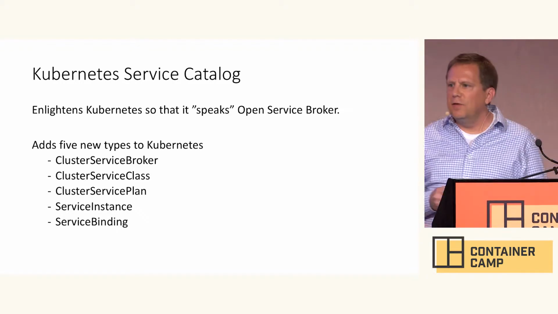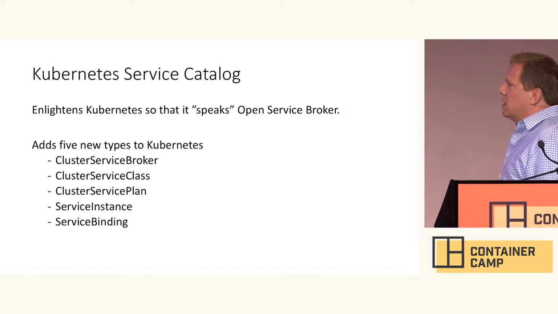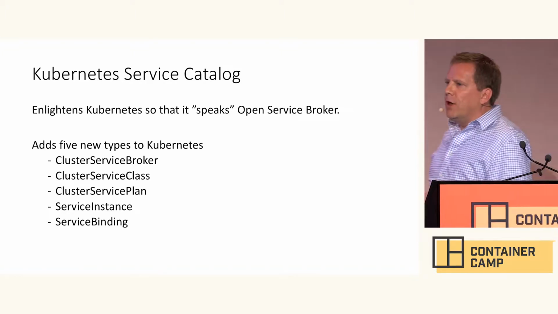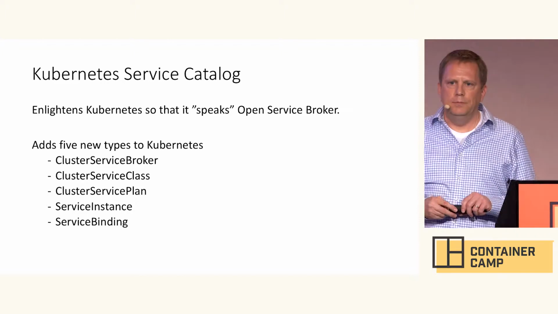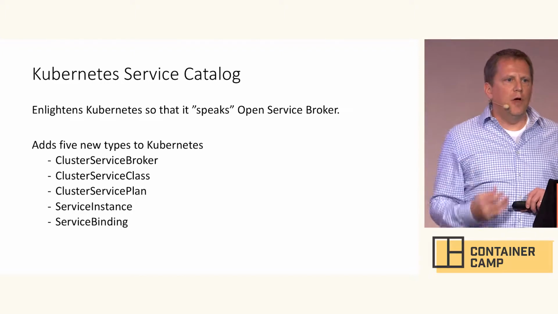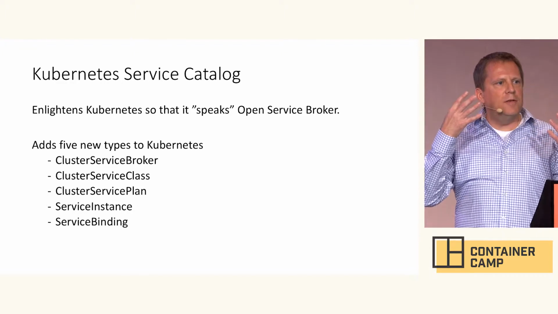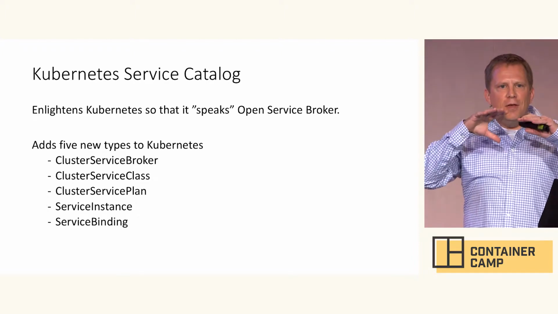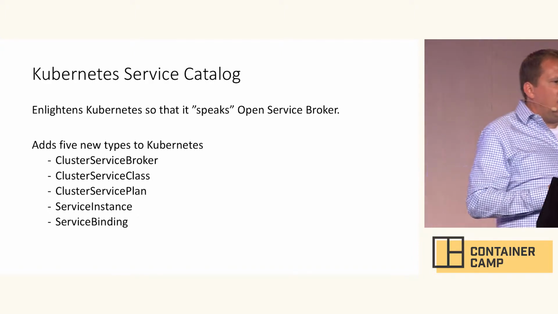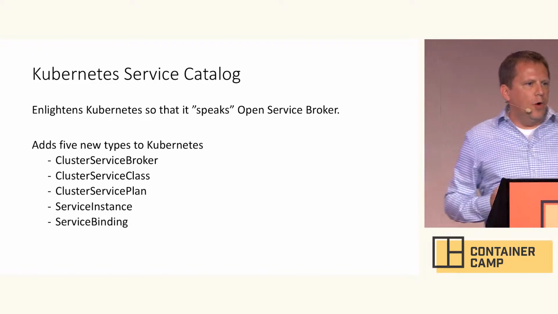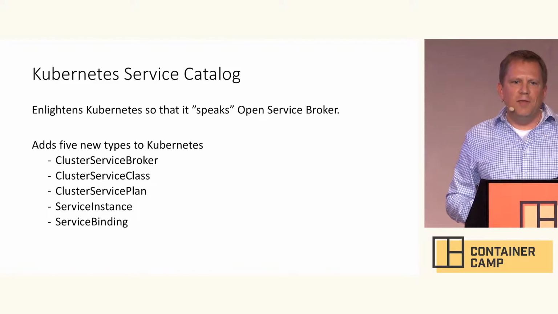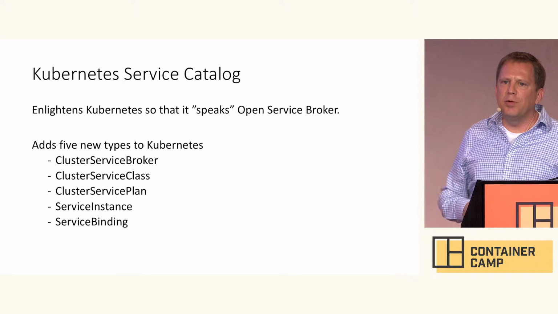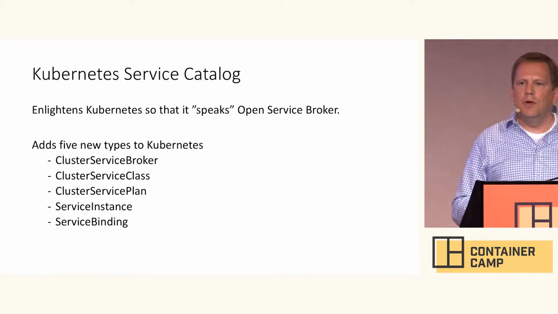A class is an offering from a cloud provider, like MySQL. So when I install Service Catalog, Kubernetes almost understands, hey, I'm talking to this Open Service Broker provider, and it's given me a catalog of services in this cloud provider, and MySQL is one of those.